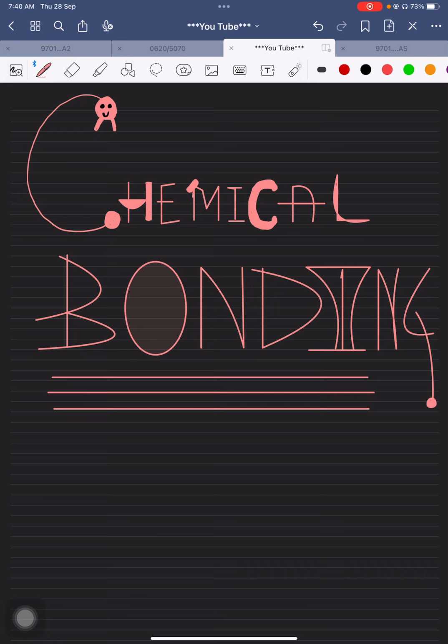Basically, we have studied from the topic of electronic configuration that the electronic configuration of elements of group number 8 is stabilized. We have assigned stars to the elements of group number 8. And why is it so? As they have a complete, stabilized electronic configuration.